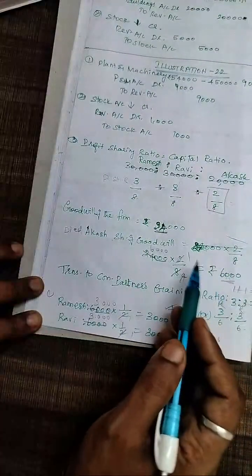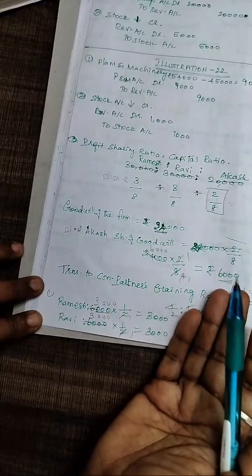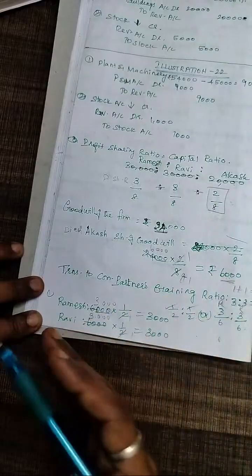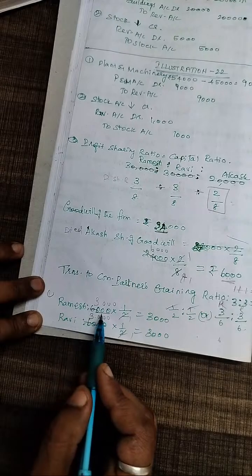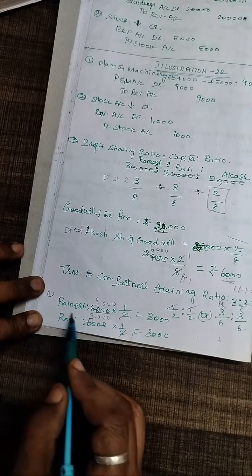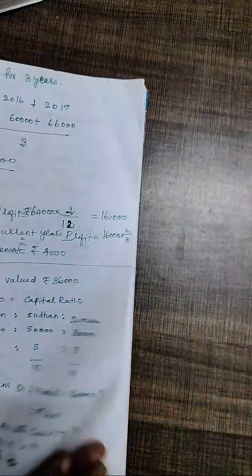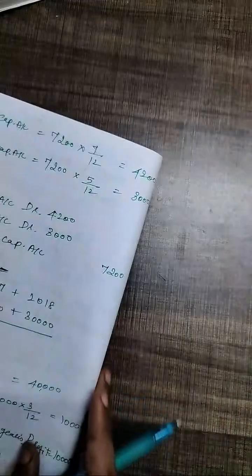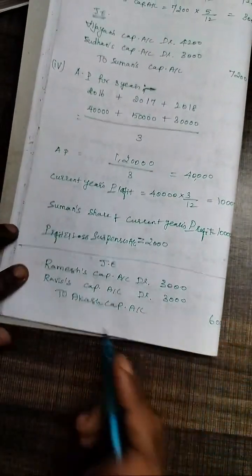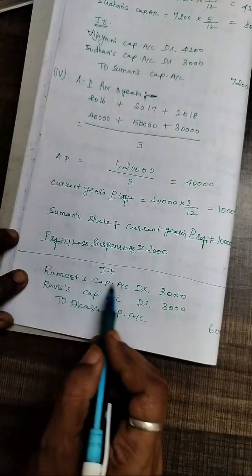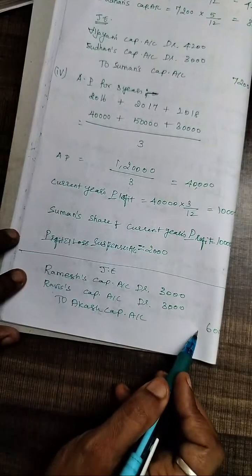Immediately 6,000 rupees is transferred to the deceased partner's capital account, then taken from it and distributed to the continuing partners' capital accounts in their gaining ratio. So the journal entry is: Ramesh's capital account debit 3,000 rupees, Ravi's capital account debit 3,000 rupees, to Akash's capital account 3,000 rupees.